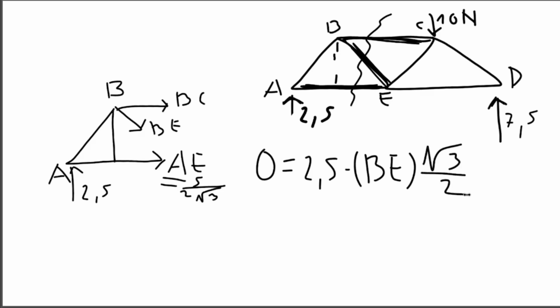And that is, well, this was minus, by the way. So minus BE times square root of 3/2. And now we can reorganize this equation. So BE equals 5/2, that's a 2.5.